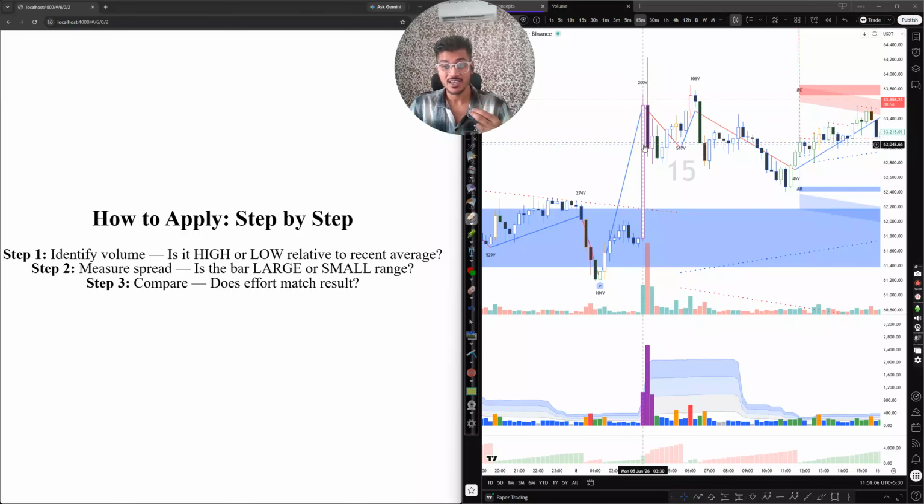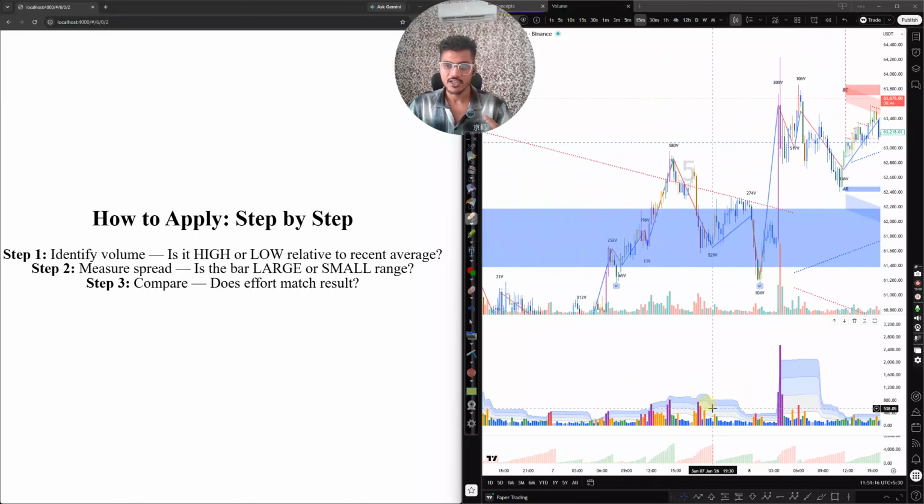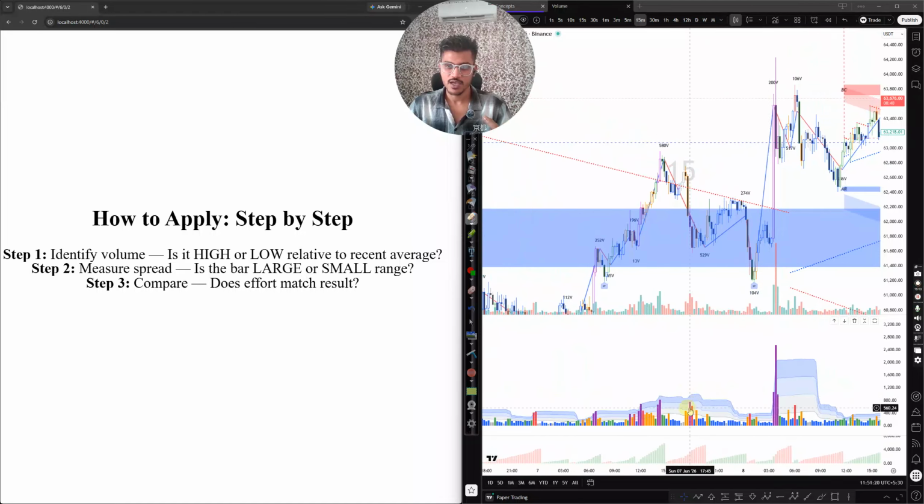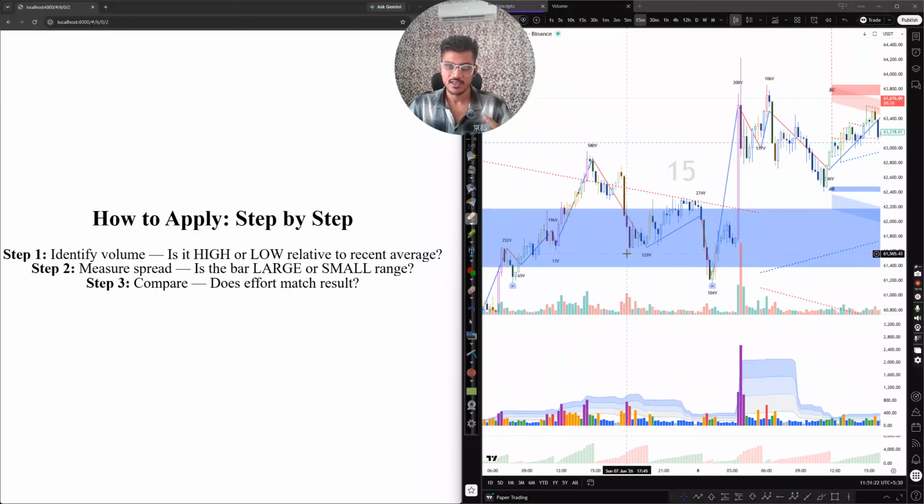So effort was there, result was there, but the effort was less. Considering that it's still purple volume, but relative to what came before, on this candle the move was less while the volume was very high.